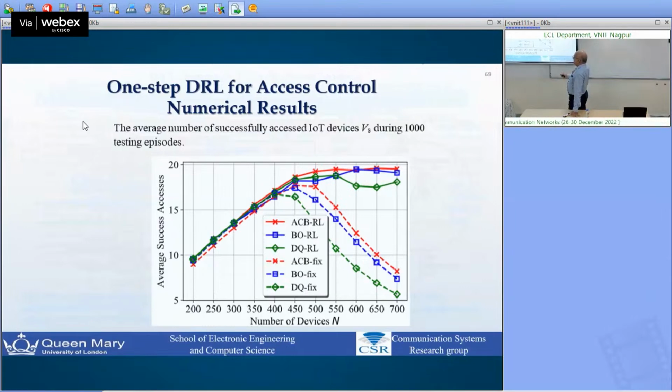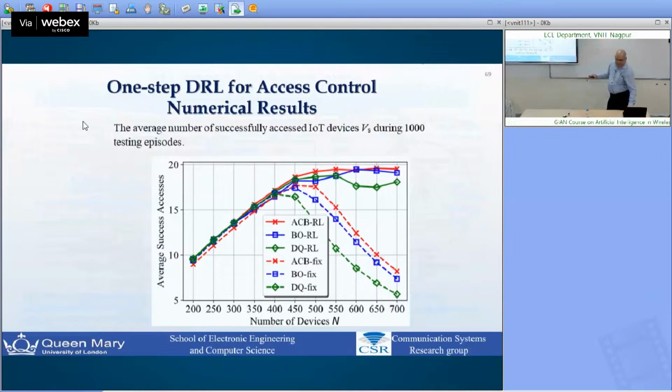I can check the paper and let you know. But the conclusion is the fixed one failed when the number of users increases. The reason for this one, I can check the parameter. I can check the paper.